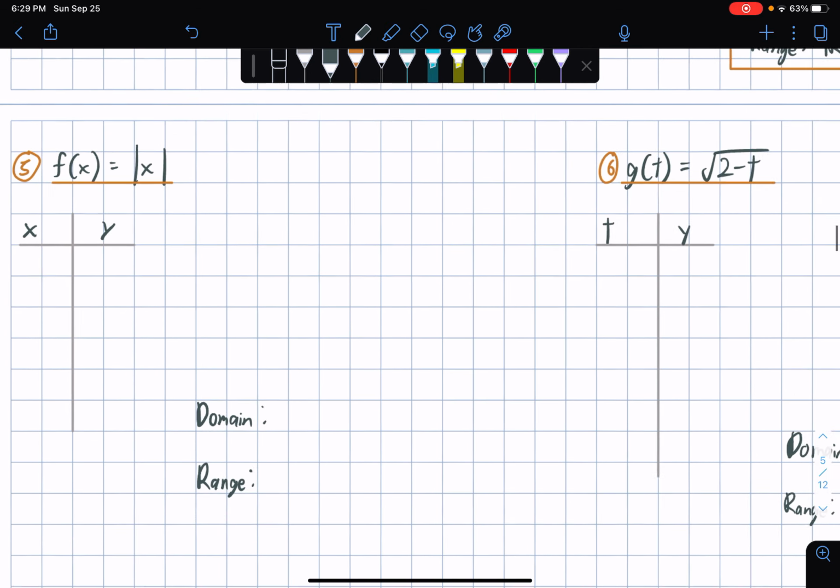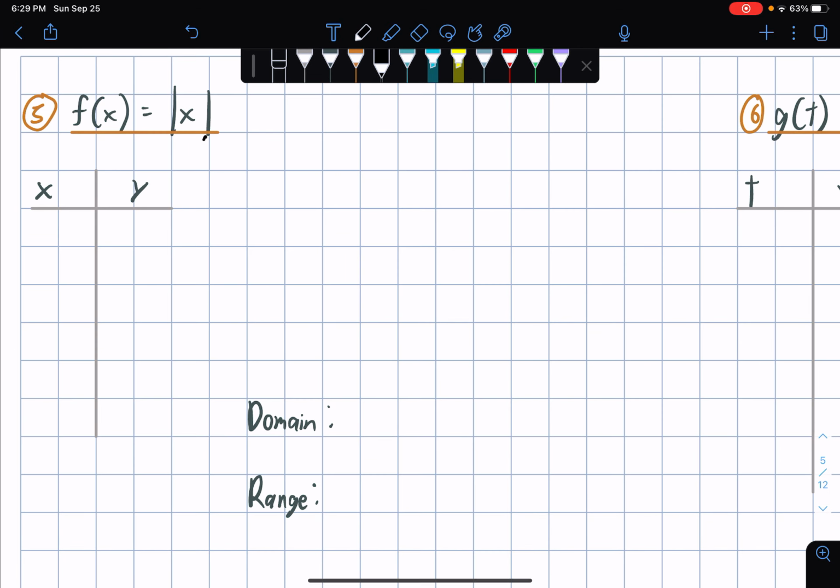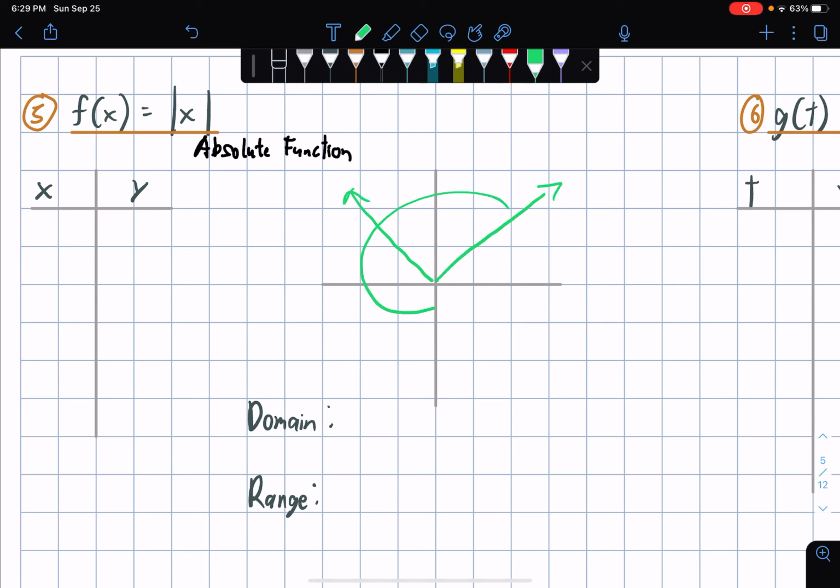Let's move on to number 5. So number 5 is an absolute value function. f(x) is equal to the absolute value of x, I think. I think that's how you read it. Basically, for this particular function, this is how it looks like in a graph. Of course, this graph is not to scale.